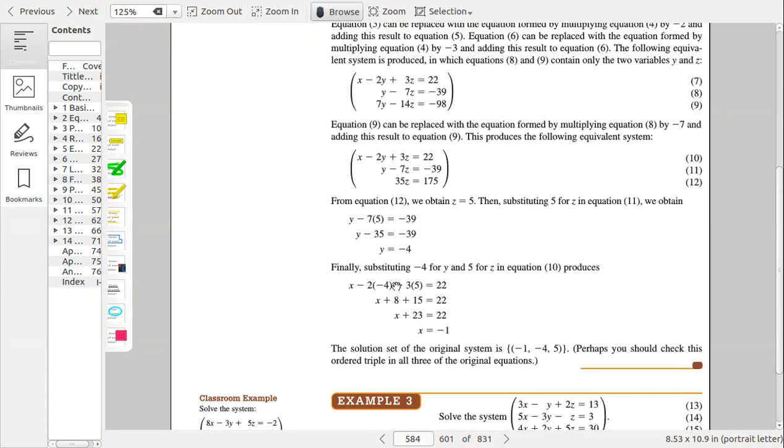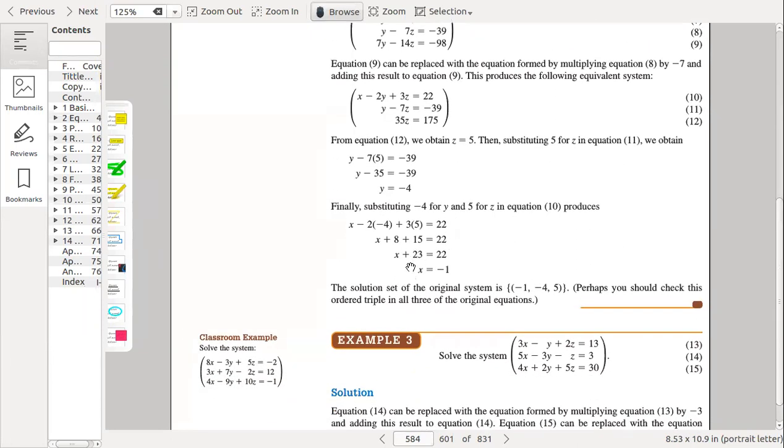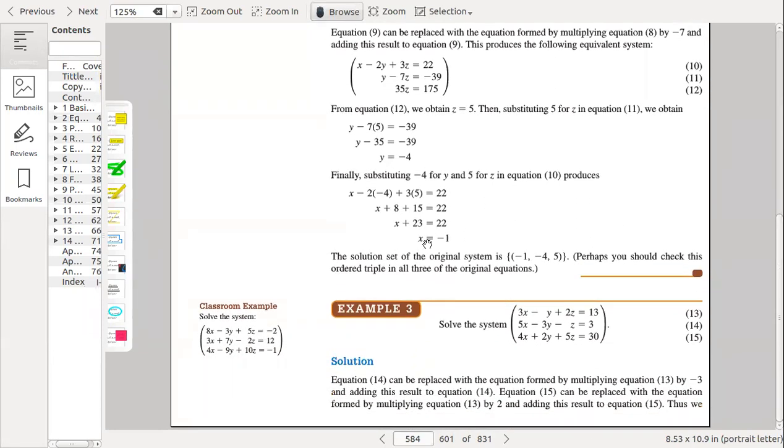Finally, substituting minus 4 for y and 5 for z in equation 10 produces the value of x: x minus 2 into minus 4 plus 3 into 5 equal 22, x plus 8 plus 15 equal 22, x plus 23 equal 22, and x is equal to 22 minus 23, equal to minus 1. So the solution of this system is minus 1, minus 4, and 5.